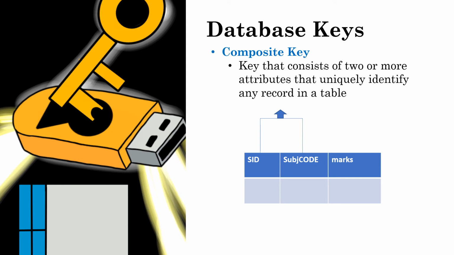So in this table, the student ID and the subject code together will form the primary key, hence it is considered as the composite key. So we have two keys, but it is not considered as a primary key. Instead, we use the word composite key to define that the student ID and the subject code are unique keys.